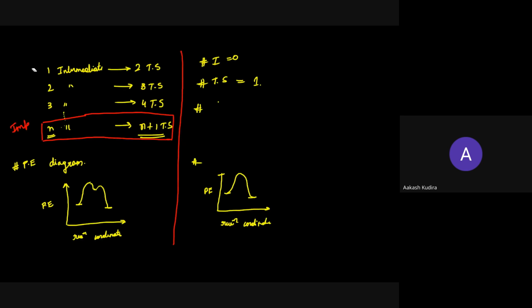I have one doubt. In the previous slide, why is the potential energy of the initial one higher than that of the final one? You mean the reactant and product. Yes, sir.